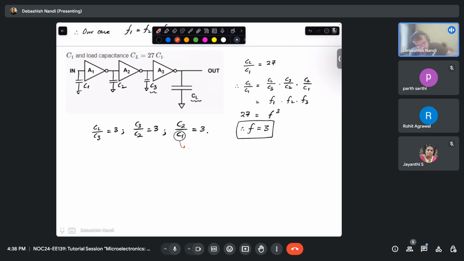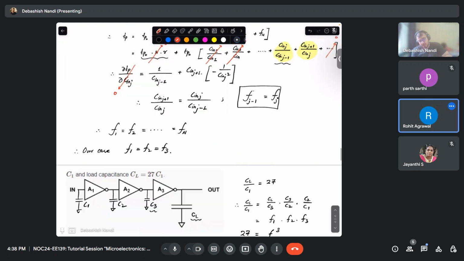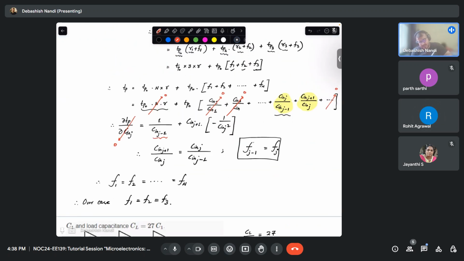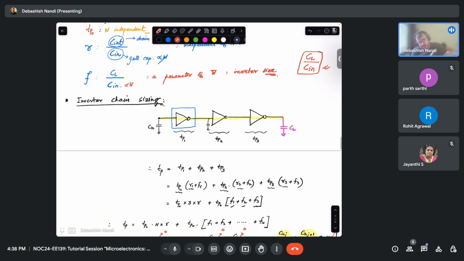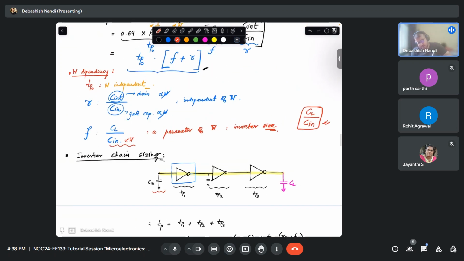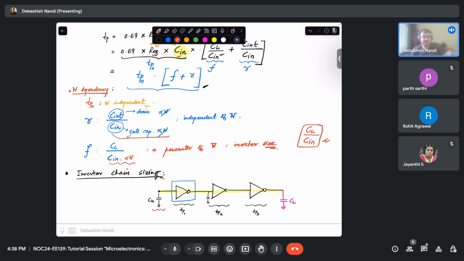These C's are basically your gate capacitances, right? Why do you know that it is gate capacitances? Because these are all C-ins, right? C-in is proportional to W. This C-in is gate capacitance, right?